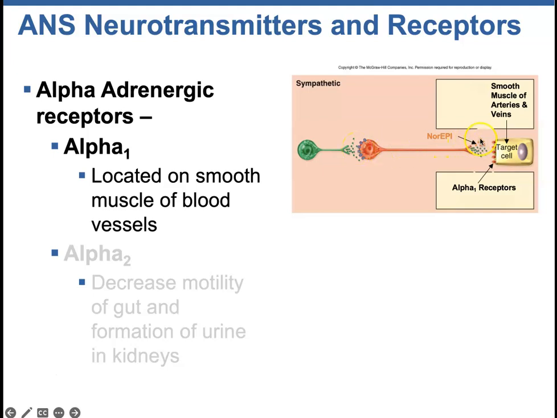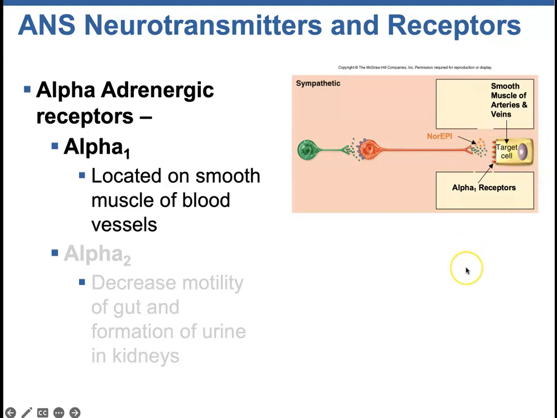Now, because norepinephrine is being secreted out here at the end of that postganglionic neuron, this postganglionic neuron is an adrenergic fiber. So what that means is that here, which is the muscle of the arteries and the veins, are alpha 1 receptors. And so when norepinephrine lands on these receptors of our blood vessels, it causes vasoconstriction. So they constrict and increase pressure.